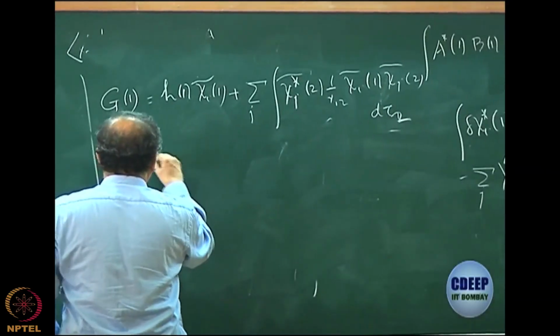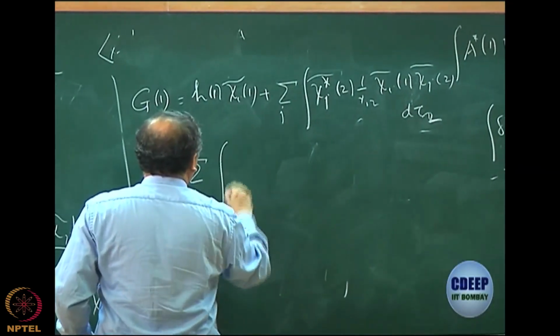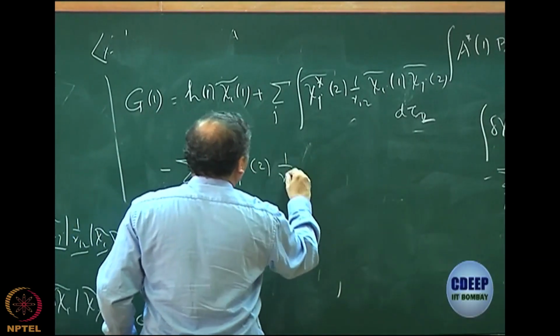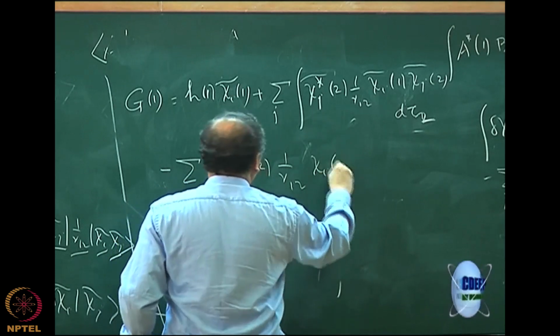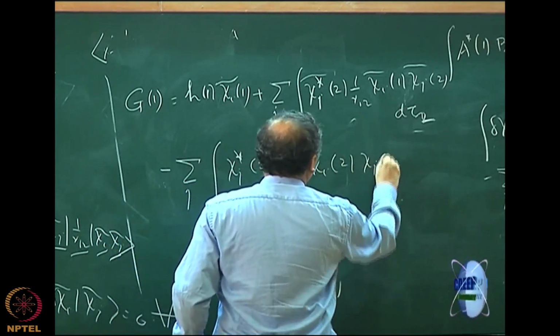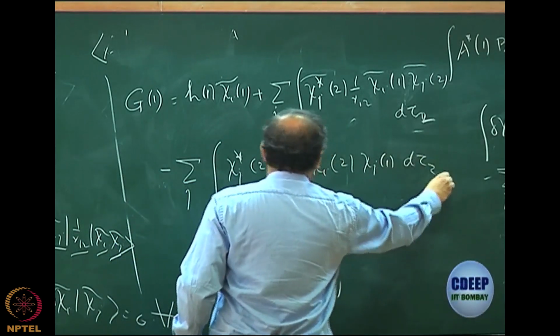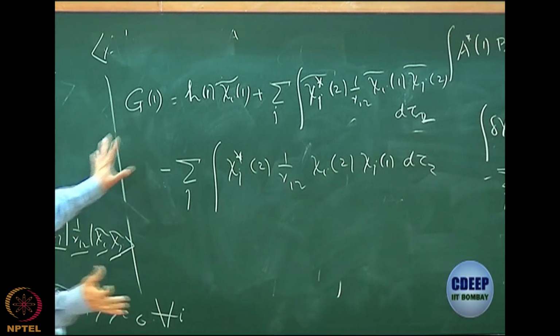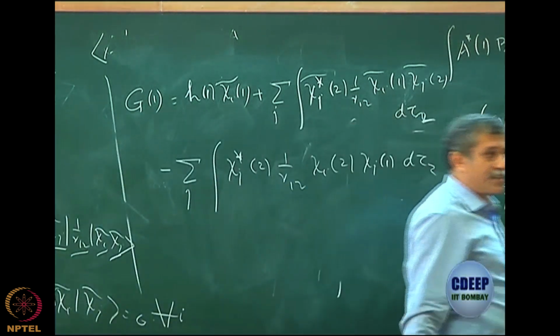Minus sum over j. Now let's look at the exchange. Chi j star 2, 1 by r12, chi I 2, chi j 1, d tau 2. Agreed? I've just interchanged the right side. So that becomes my G of 1, the 3 terms.